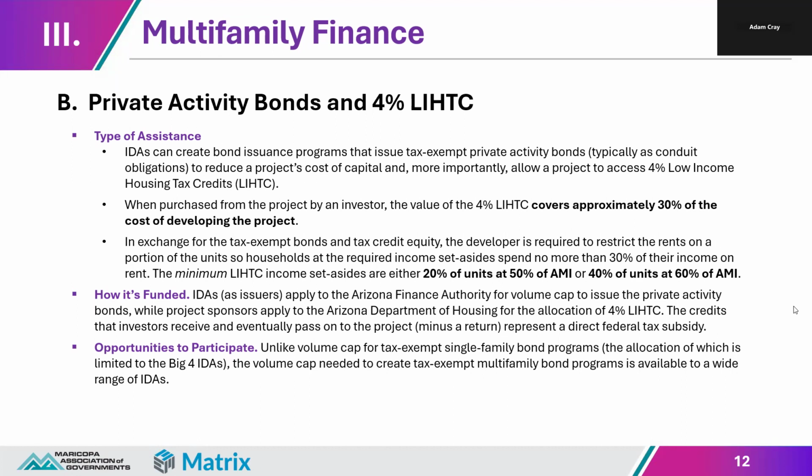And so this is a sort of partnership between the issuer, which is often a local government, and the private developer. So really the opportunities here are much greater for participation from local governments across the state for that reason.